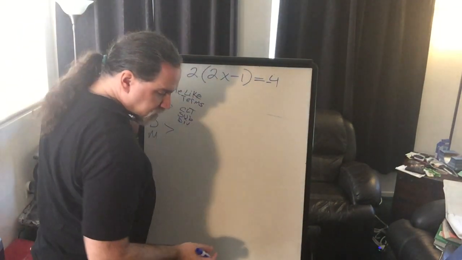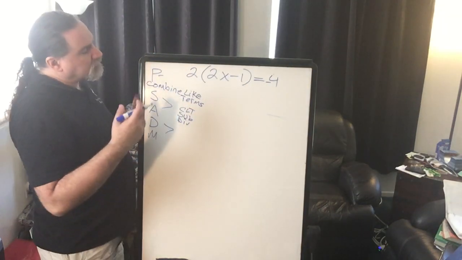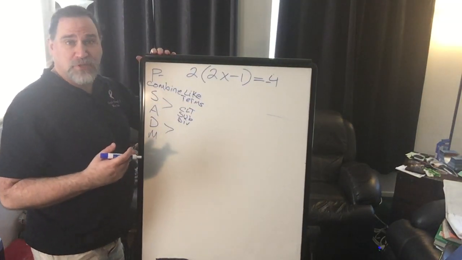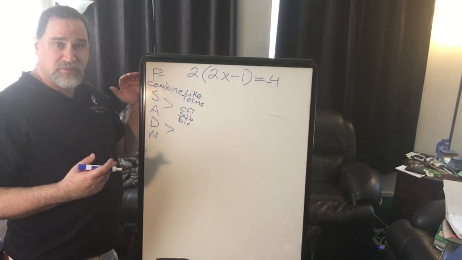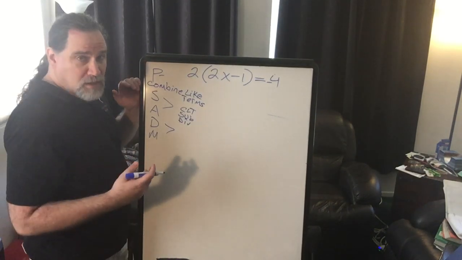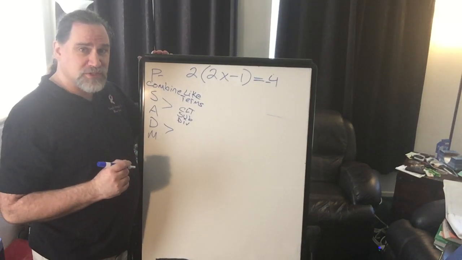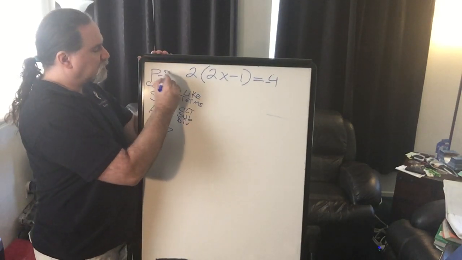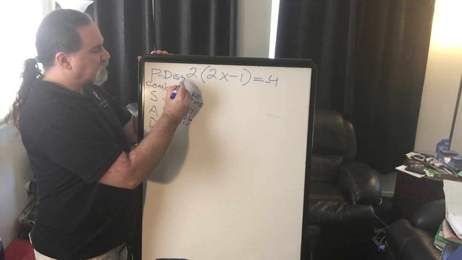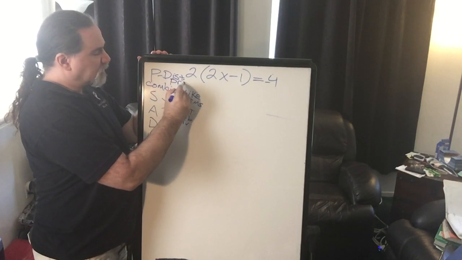Okay? And now our first step is very obvious. We've got ourselves parentheses right there at the beginning of the inverse order of operations. That parentheses is telling me to do the distributive property.